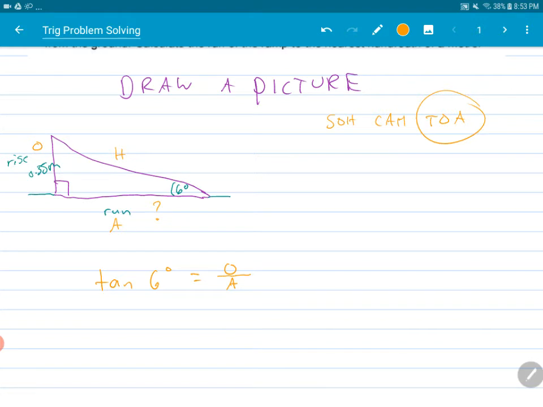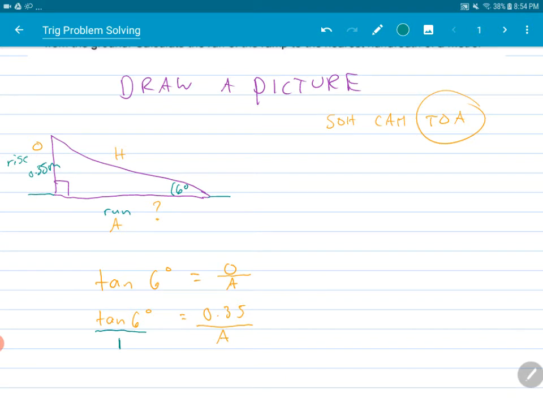So we want to fill in what we know. So right now we know that tan of 6 degrees is equal to 0.35 over this unknown, which is our adjacent. So to solve this question, the easiest way is to put that left side, the tan 6, over 1.